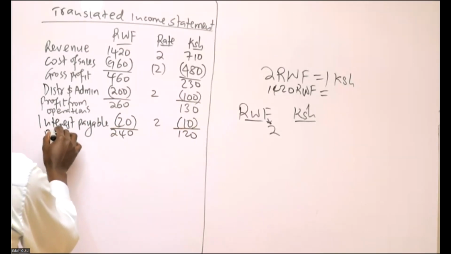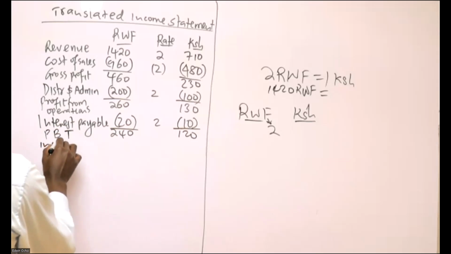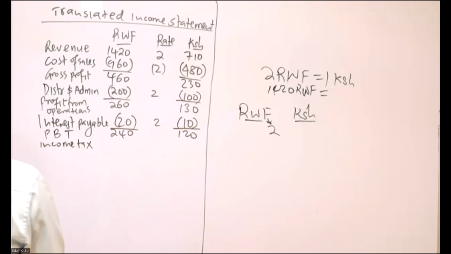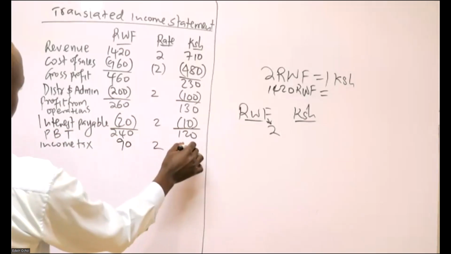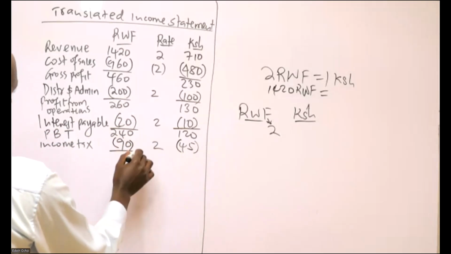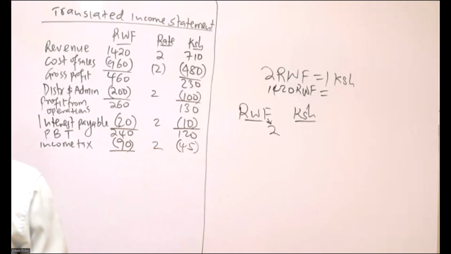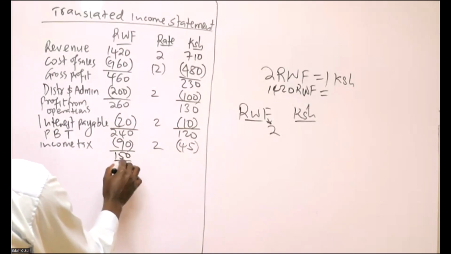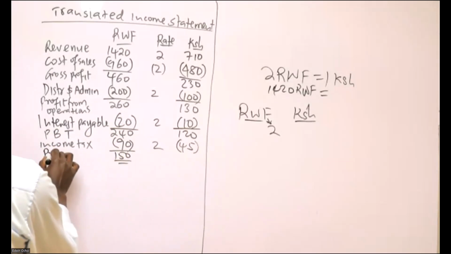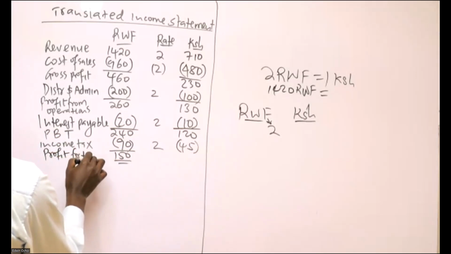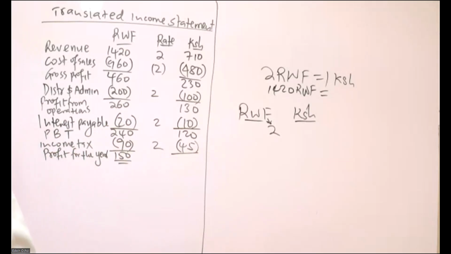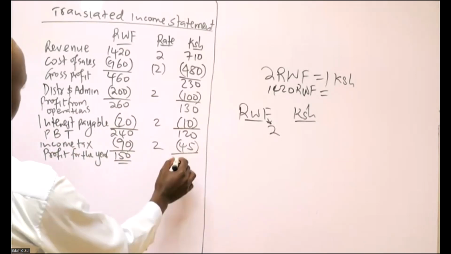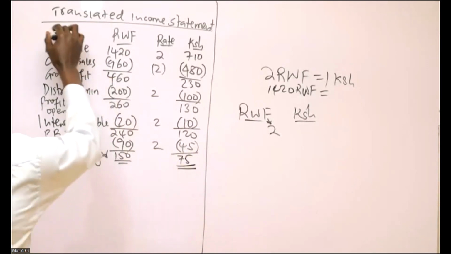So this is profit before tax. Then income tax, this is 90 divided by 2, 45. So this is 150. Profit after tax, that is profit for the year: 120 minus 45, this is 75. So this is step 1.